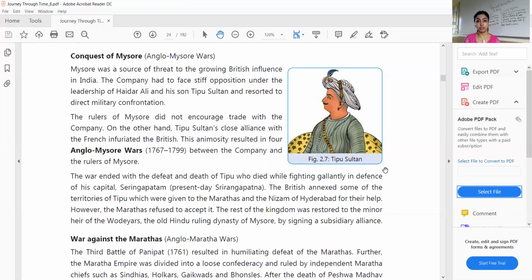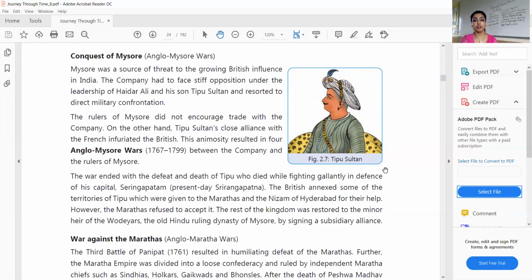The Marathas refused to accept the territories that were given to them, and the rest of the kingdom was restored to the minor heir of the Wodeyars, the old Hindu ruling dynasty of Mysore, by subsidiary alliance. Minor means one who is not an adult.